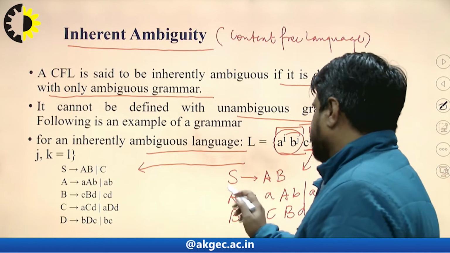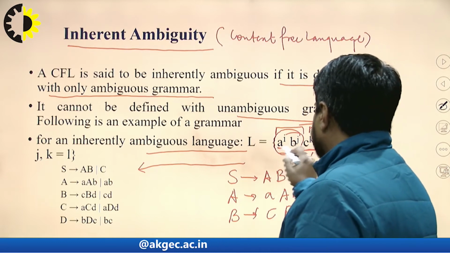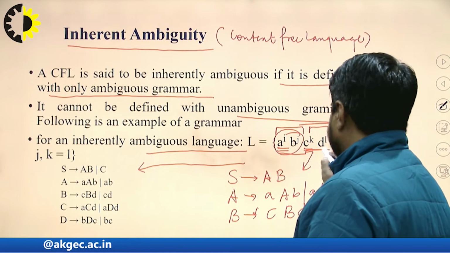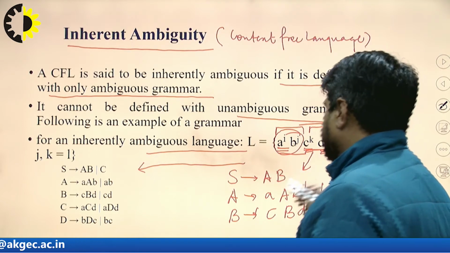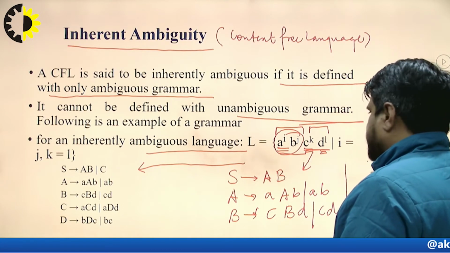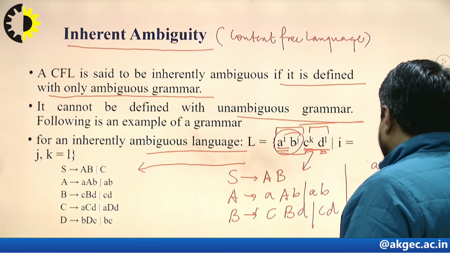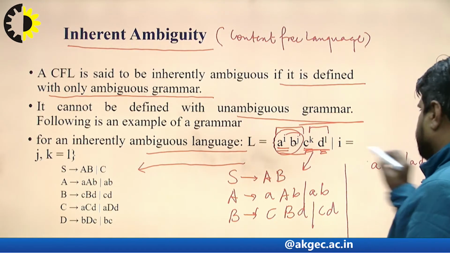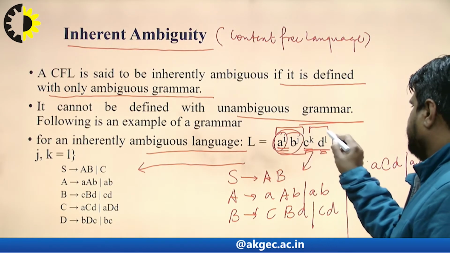So you can see A, C, after that D. So this possibility may also be there. So what is the possibility? A and CD, right? And AD, this possibility, right?